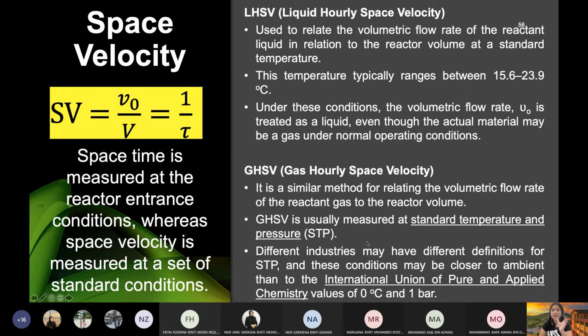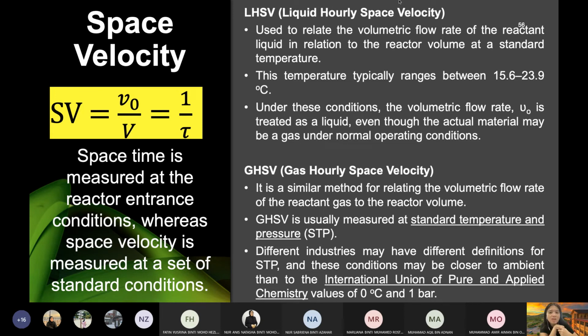However, kalau untuk gas, okay, untuk kira space velocity tu, volumetric flow rate ni, initial volumetric flow rate ni, kamu kena kira based on standard temperature and pressure, which is usually 0 Celsius 1 bar. Means kalau kamu nak kira space velocity, kamu punya tu adalah gas, kamu kena kira inlet volumetric flow rate tu apabila keadaan dia adalah 0 Celsius dengan pressure 1 bar.